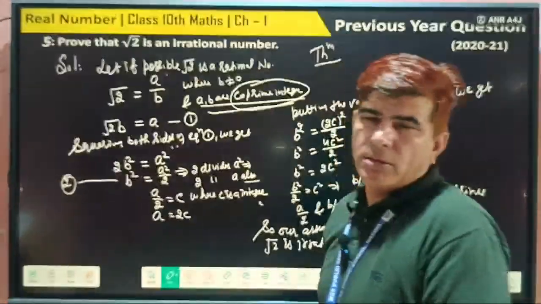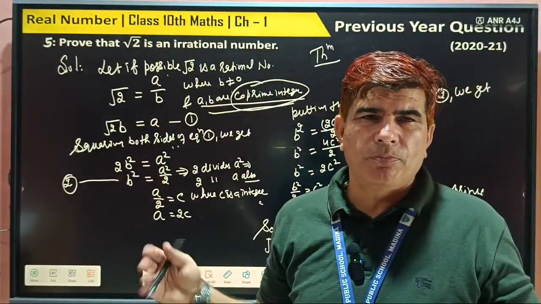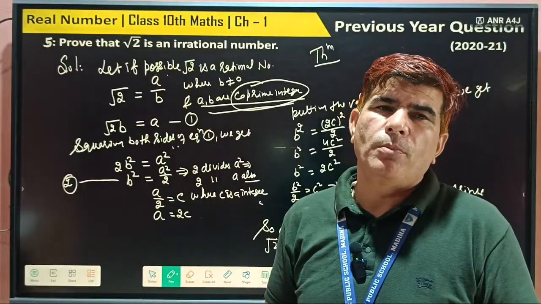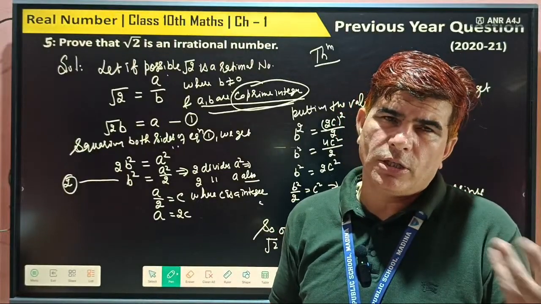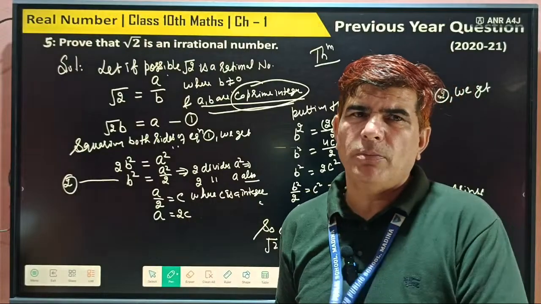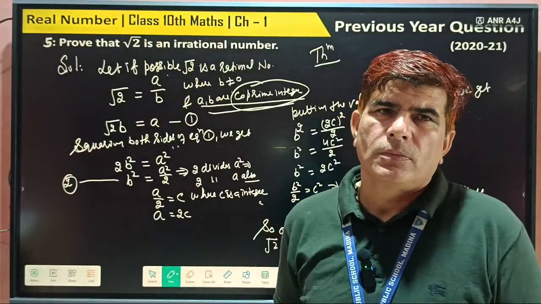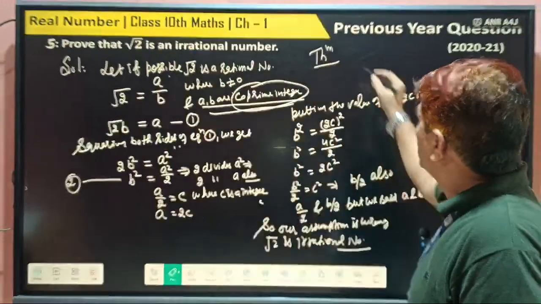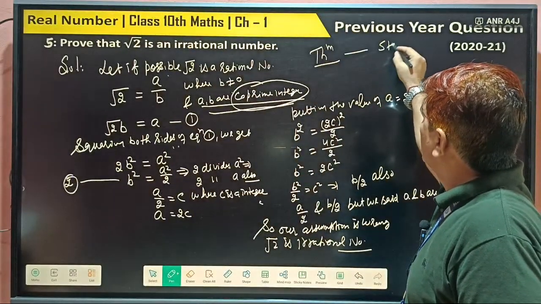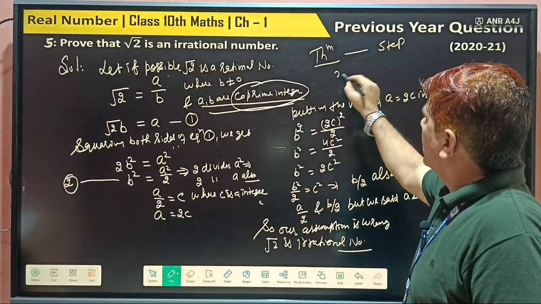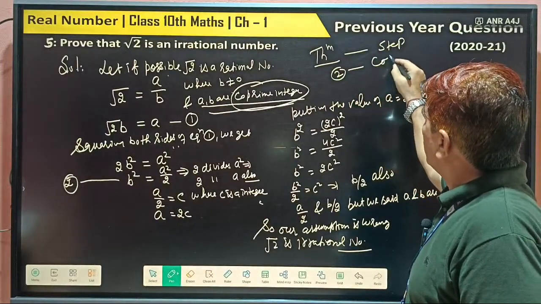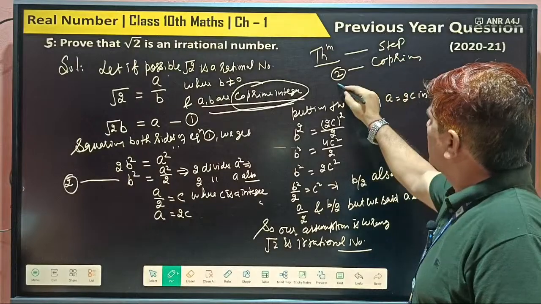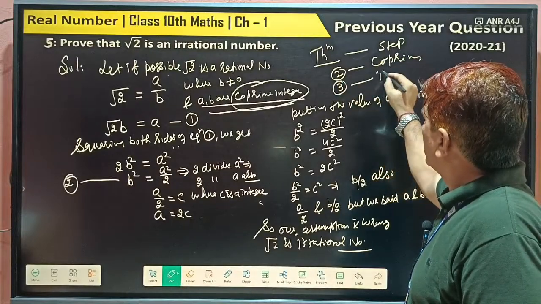What are integers? And the remaining is your base of maths. Simple calculation: addition, subtraction, multiplication, division. So what things do you need? This theorem, your first step. Second, what are co-prime? Third, what are integers?